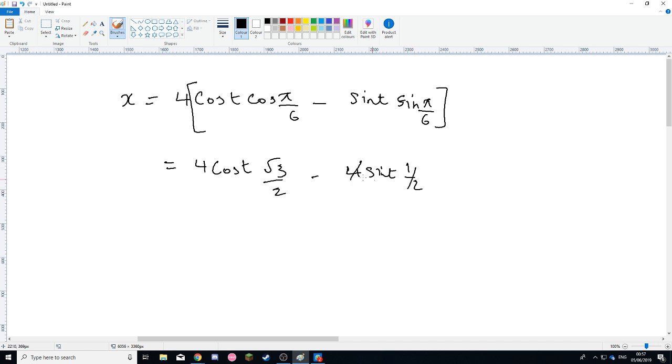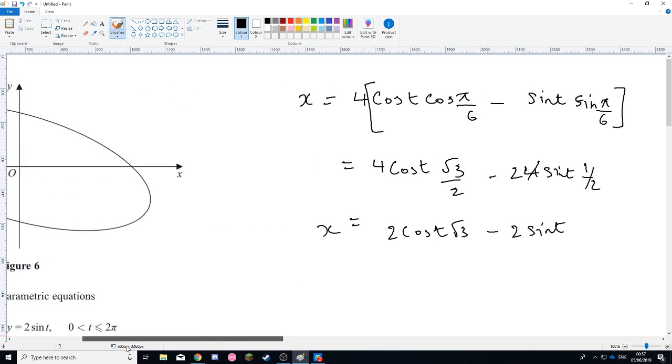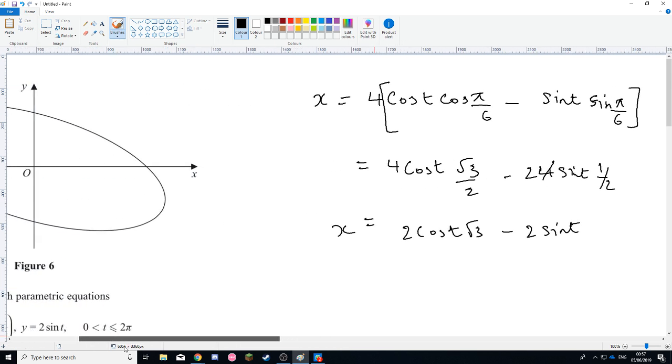So that's equal to 2 root 3 cos t minus 2 sine t. x equals that, and I have y is equal to 2 sine t.